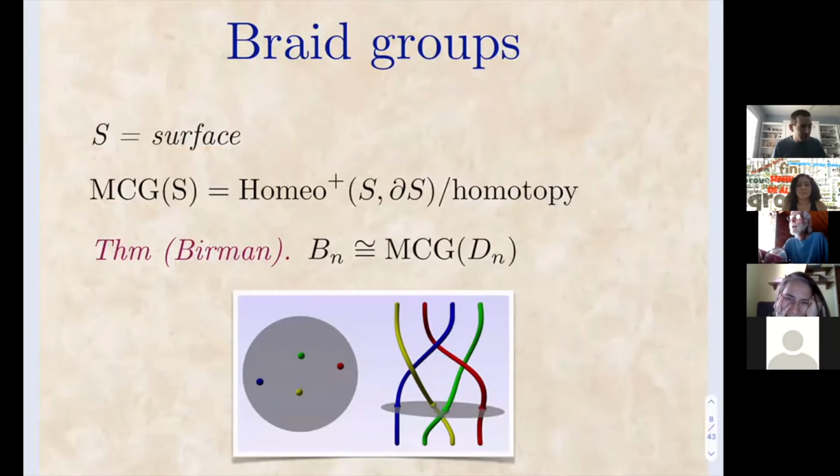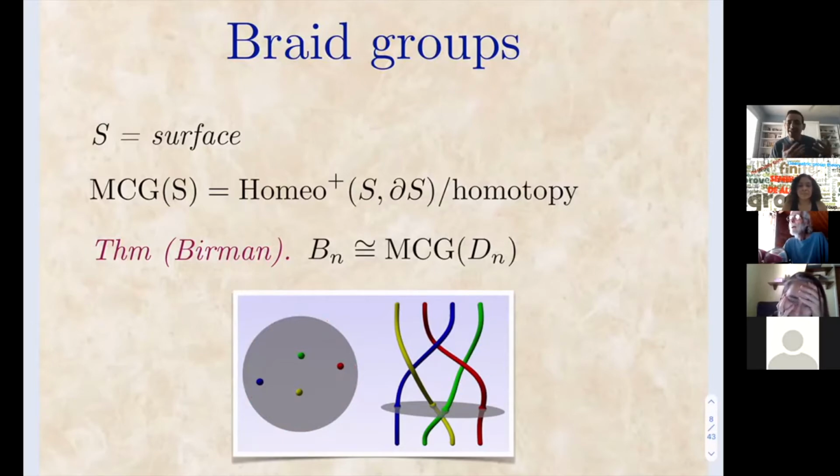So for the braid group, you take the surface to be a disk with n points marked in the interior, and you look at homeomorphisms that are the identity on the boundary that fix this set of points, and you mod out by homotopy, but the homotopies fix the boundary and fix the set of points. And that's the same as the braid group.